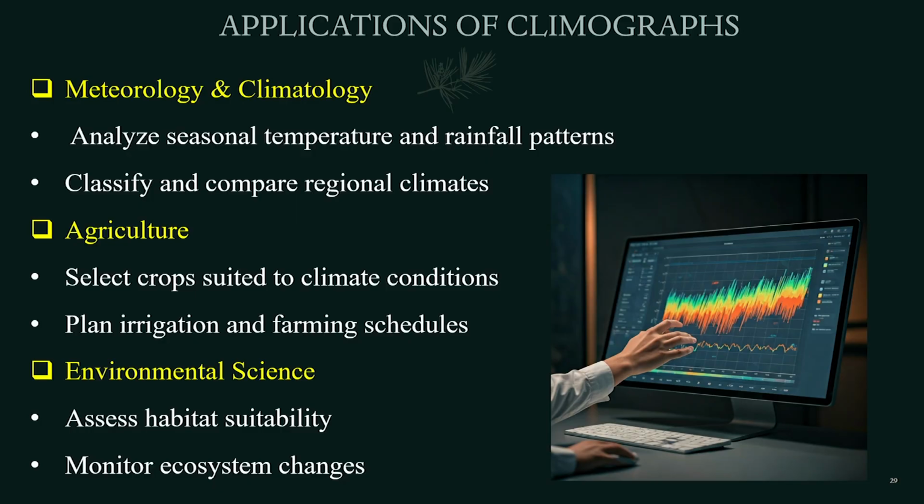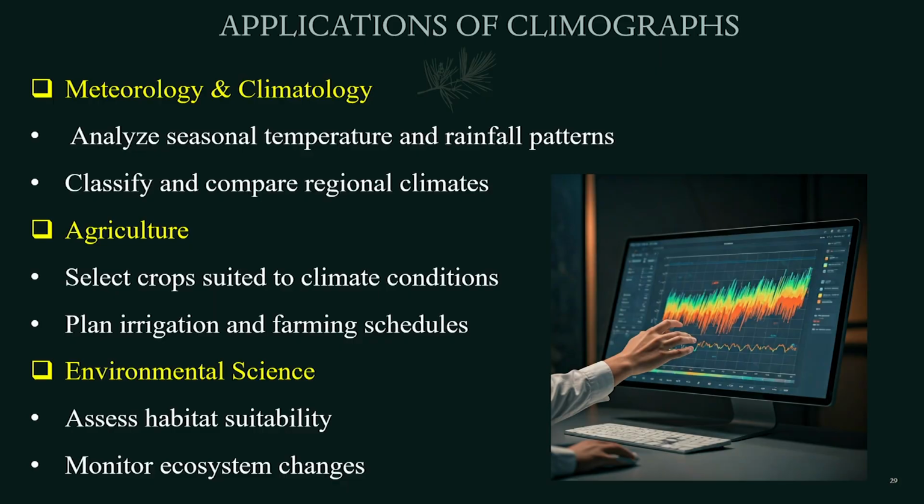Next, we have a few applications of climographs. The applications are wide in many fields, but we are going to look into the major fields which use the climograph: the meteorological department, agriculture and environment. These are mainly used to understand the seasonal variation in temperature.